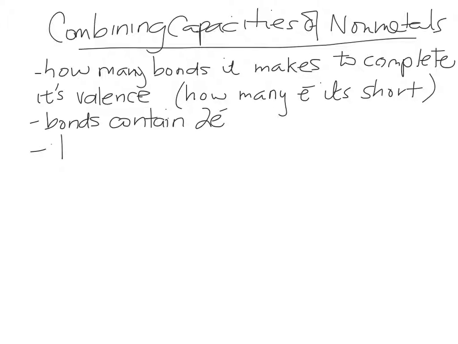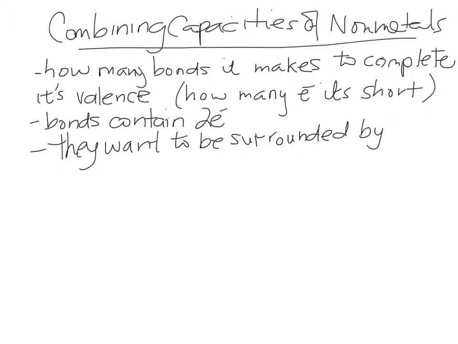They want to be surrounded by 8 electrons. There's a couple of exceptions to that, and I'll tell you those. So we call this the octet rule, oct for 8.